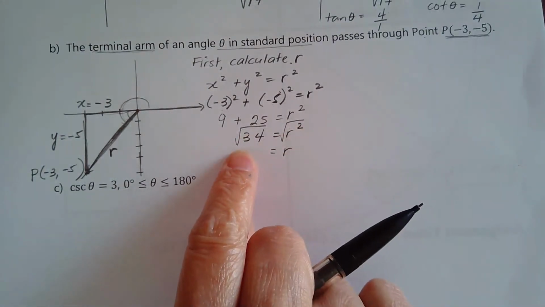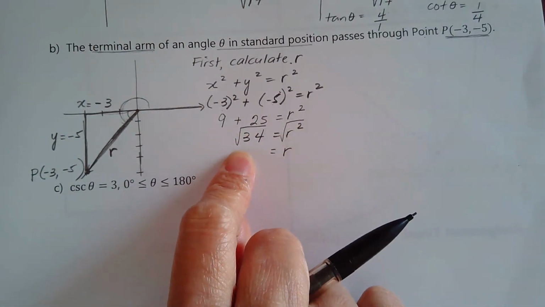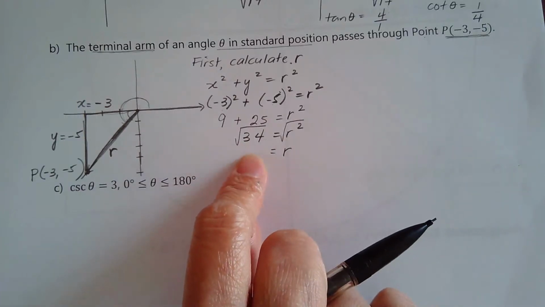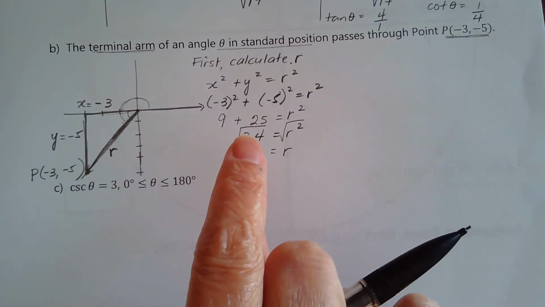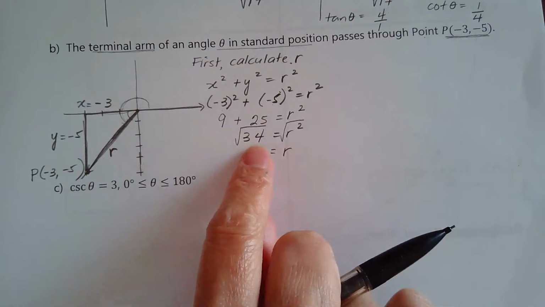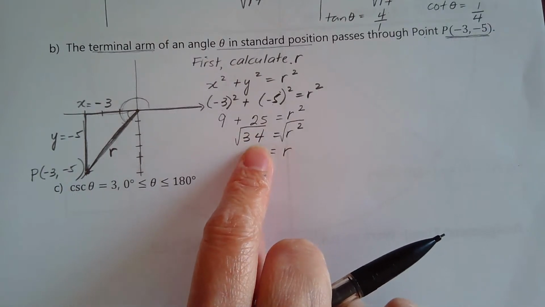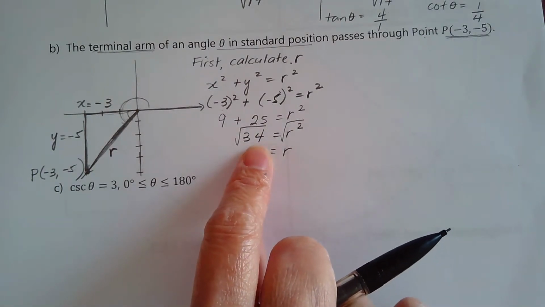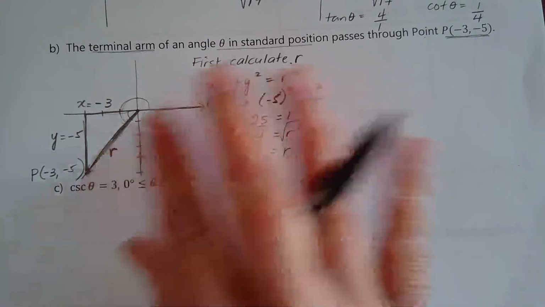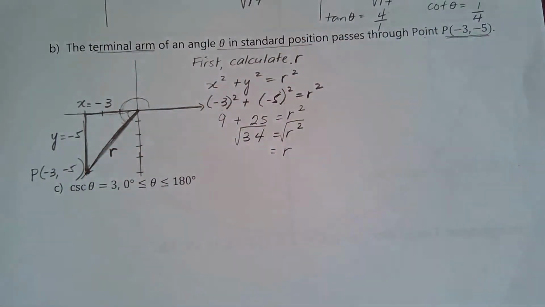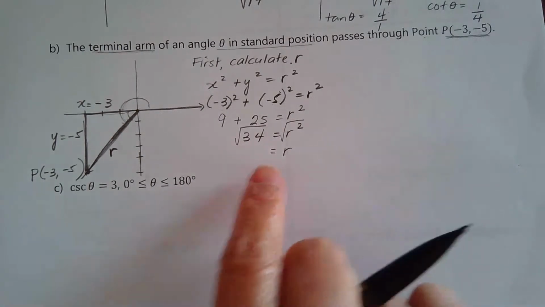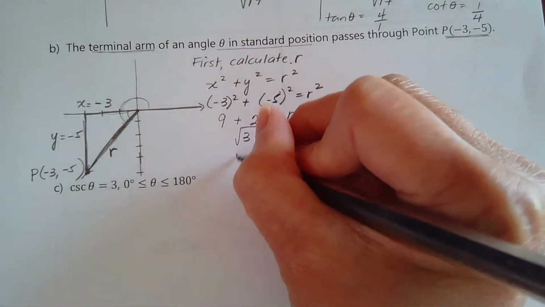Again, this is an irrational number. It means that this is going to have a long string of numbers that's non-repeating and non-terminating. But because we want an exact value, we leave it as square root of 34.